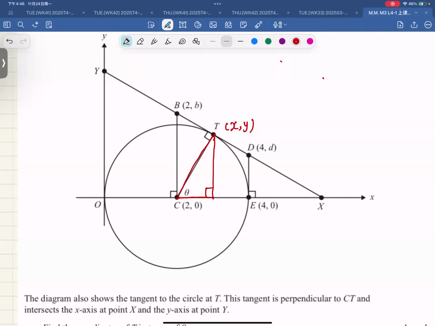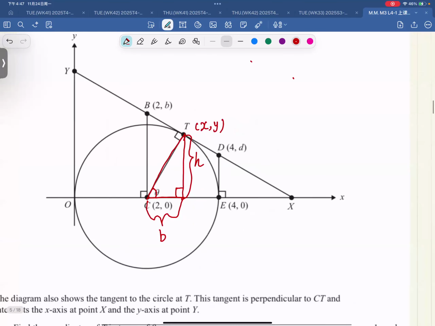Yeah? Is that a right angle triangle? Okay. So we want to find the length of this side. We just call it h. And we want to find the length of this side. We just call it b. We have an angle. This is theta.